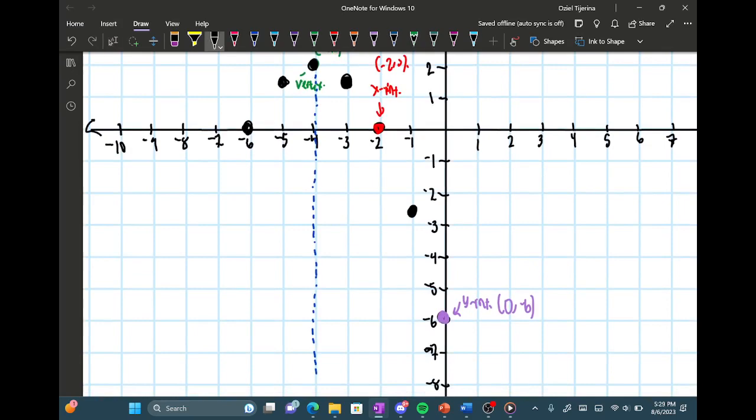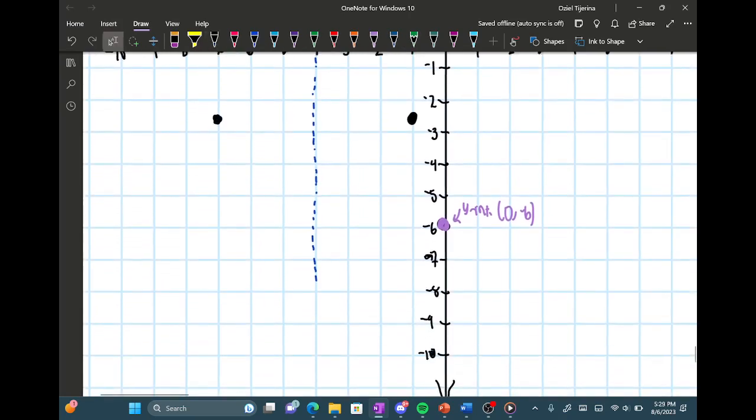Now, this point is a little bit weird, but we can still do it. 1, 2, 3, 1, 2, 3. So it'd be right here. It's not drawn to scale exactly, but we can approximate. And then lastly, we would do this point. So it'd go 1, 2, 3, 4, 1, 2, 3, 4. So it'd be right here.